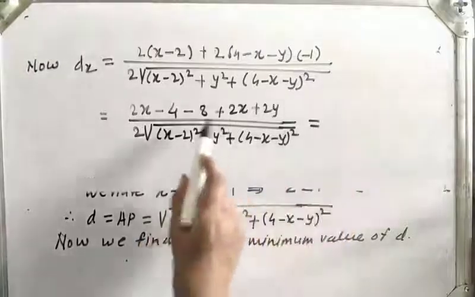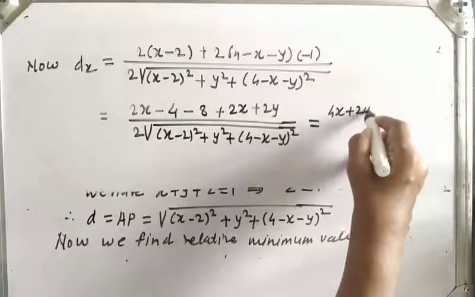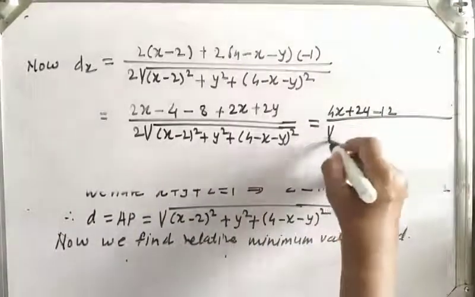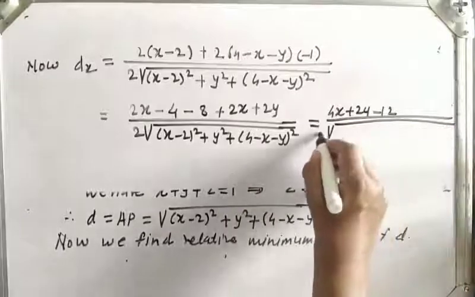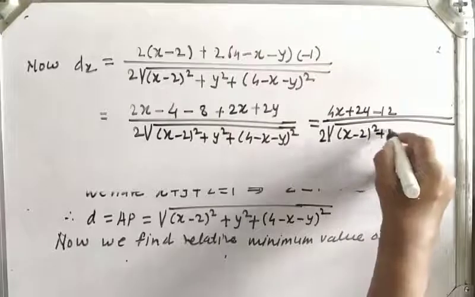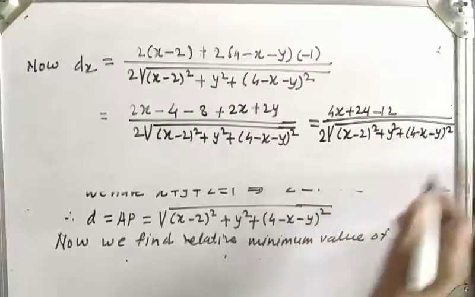which is equal to 2x plus 2x, 4x plus 2y minus 12 upon square root of 2 into square root of (x minus 2) bracket square plus y square plus (4 minus x minus y) bracket square.